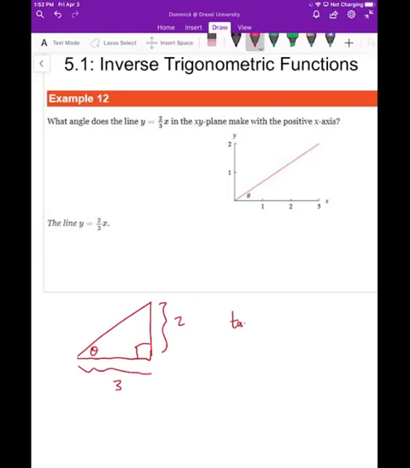So I know that the tangent of that angle is opposite over adjacent, so 2/3. So my angle, once I convert, is going to be the inverse tangent of 2/3. So then if we type this into the calculator, we can get our angle, and the angle is going to roughly be about 33.69 degrees.